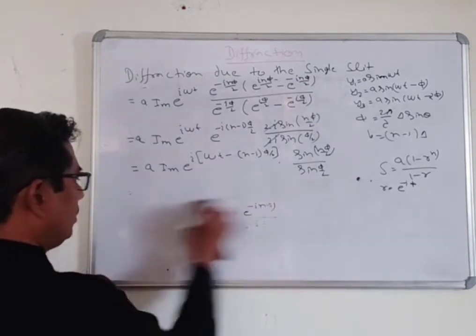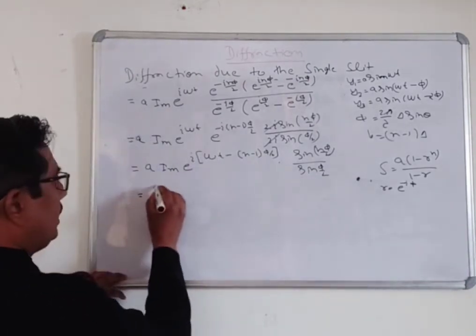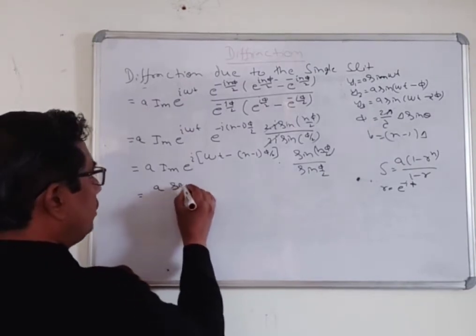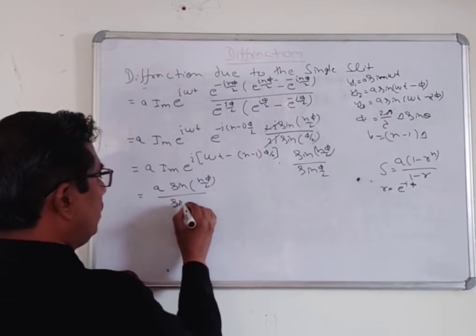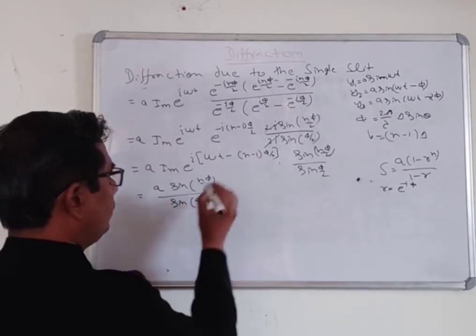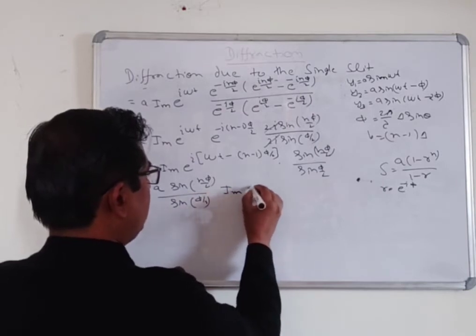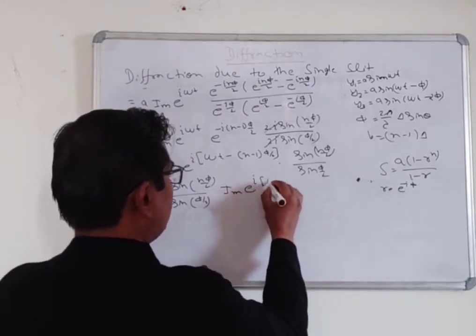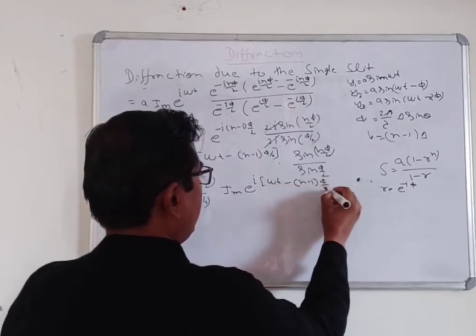and also you can arrange it like that: a sine n phi by 2 divided by sine phi by 2, and the imaginary part e to the power i omega t minus (n minus 1) phi by 2.